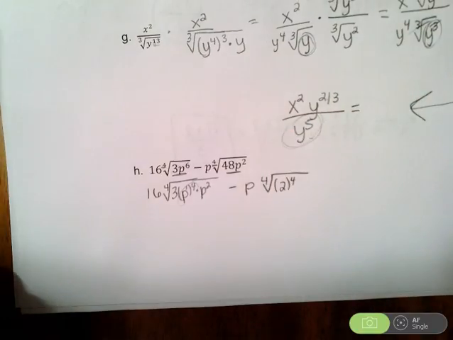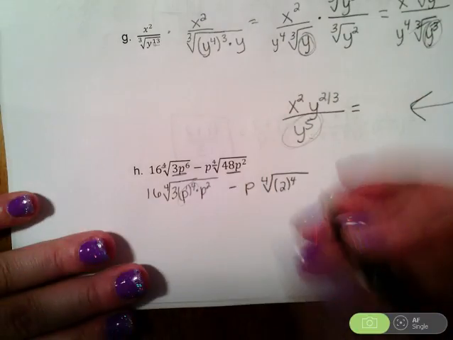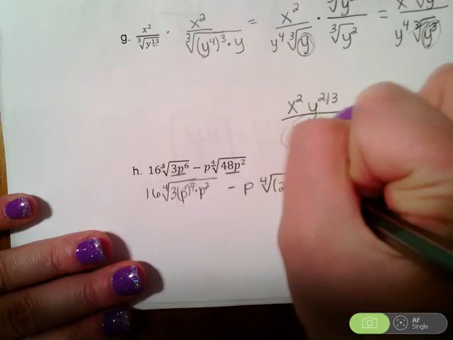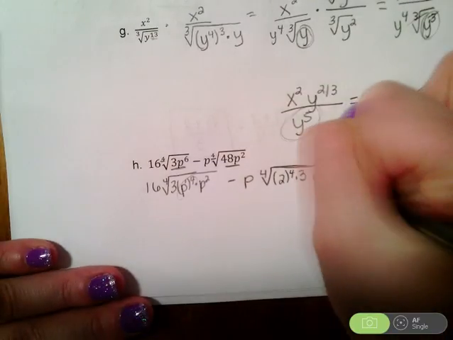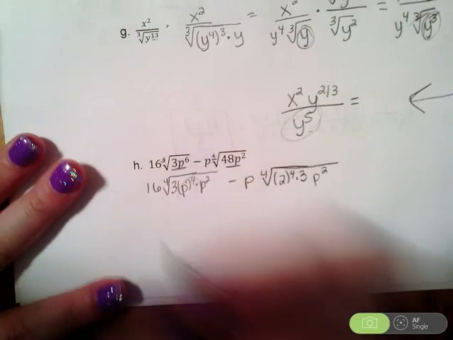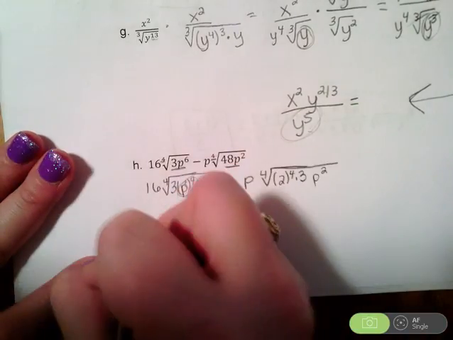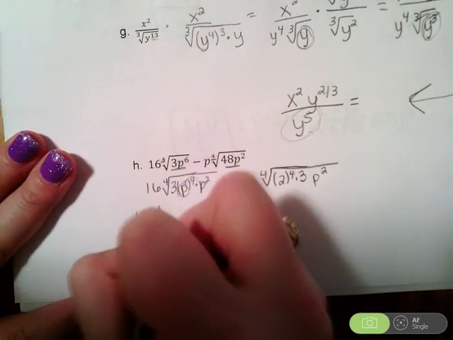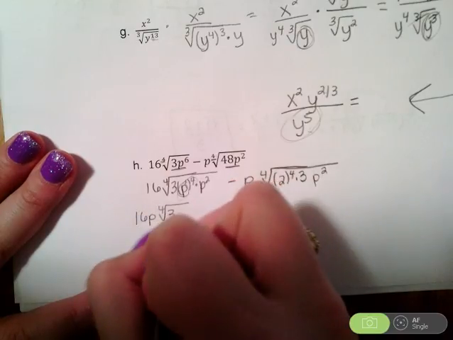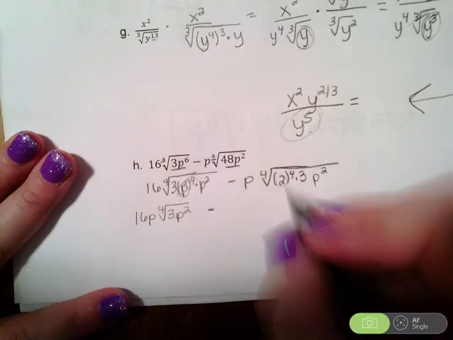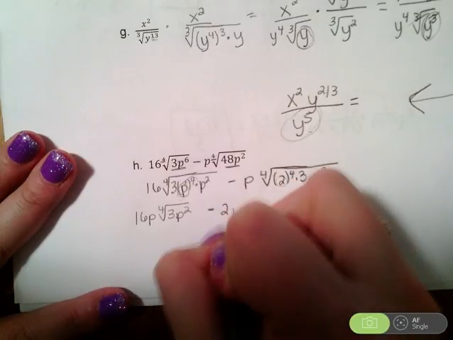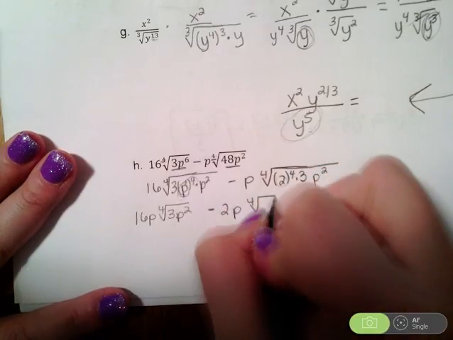We're just going to take my word for it for right now, okay? And then it's actually 2 to the 4th times 3 if you work it out, okay? And then you've still got the p squared underneath. And so what happens then is we can pull out 1p. So we've got 16p times the 4th root of 3p squared minus, you can pull out a 2, okay? So I've got 2p times the 4th root of 3p squared.